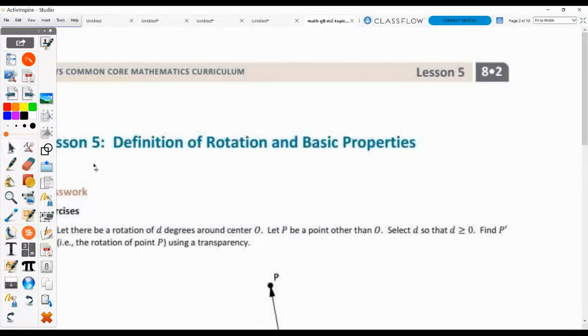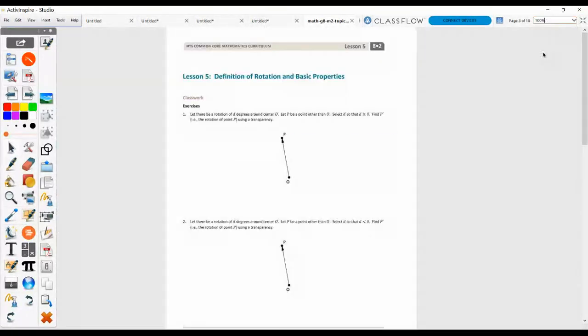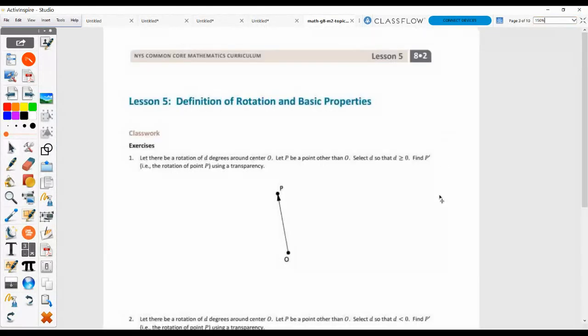Okay, on page 43 of your book now, we have exercise 1. It says, let there be a rotation of D degrees around the center O. Let P be a point other than O. Select a degree, D, so that the degree is larger than or equal to 0.